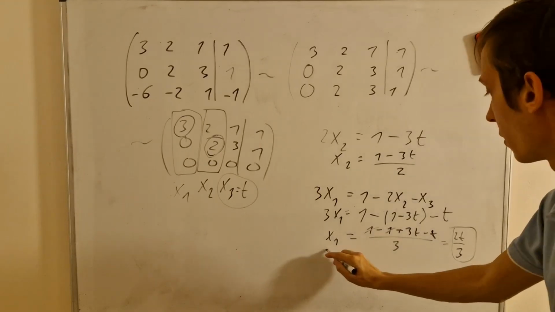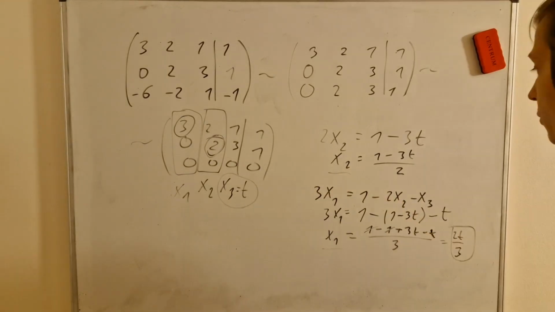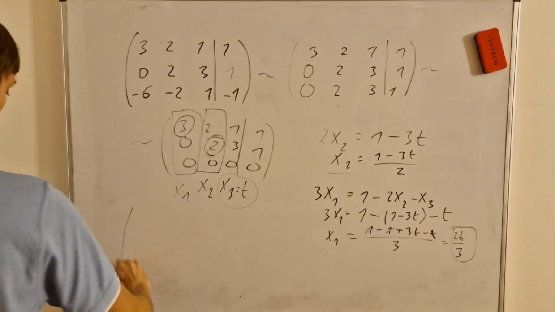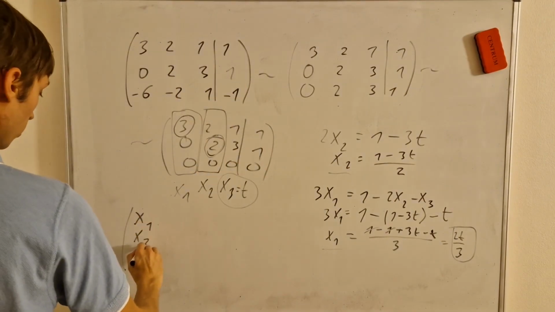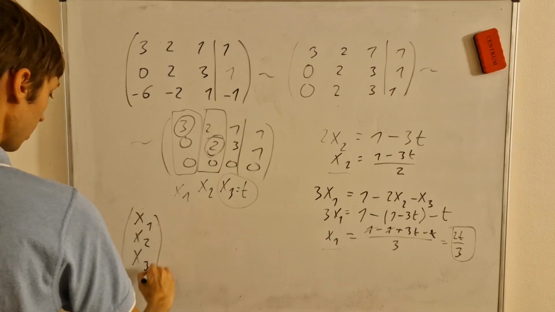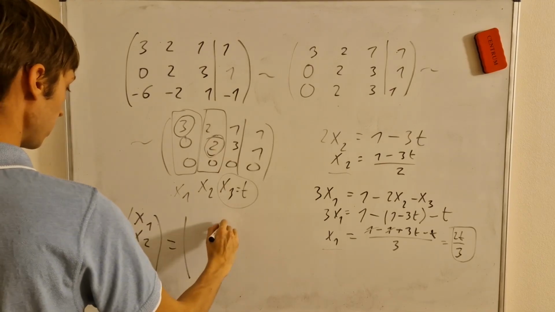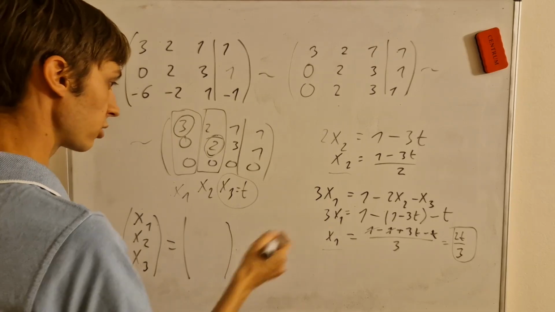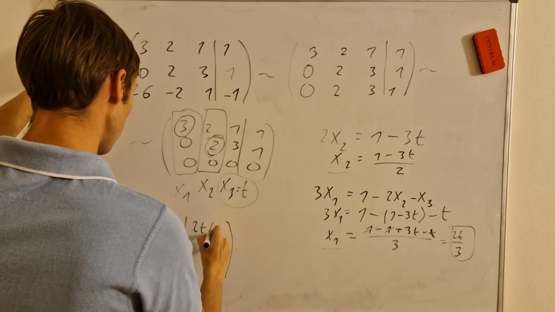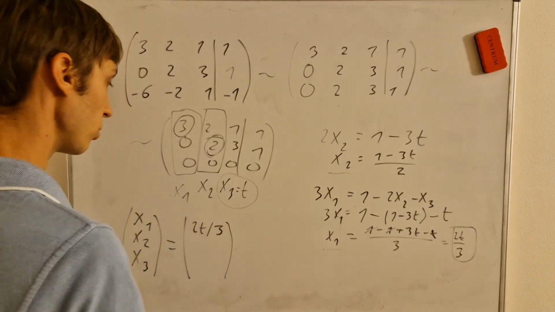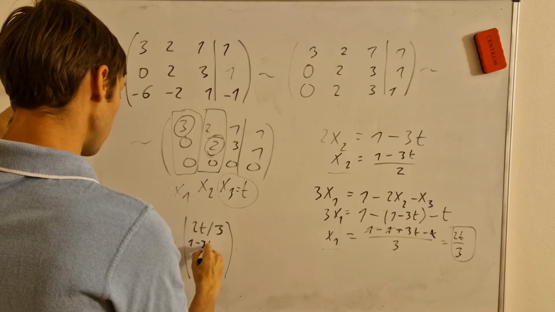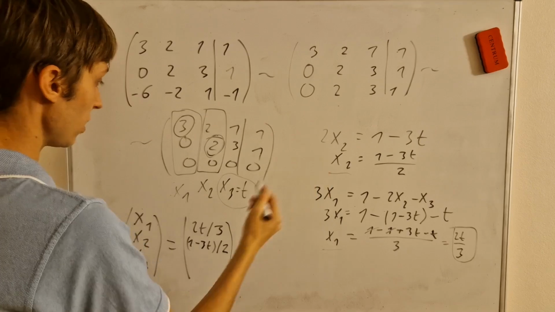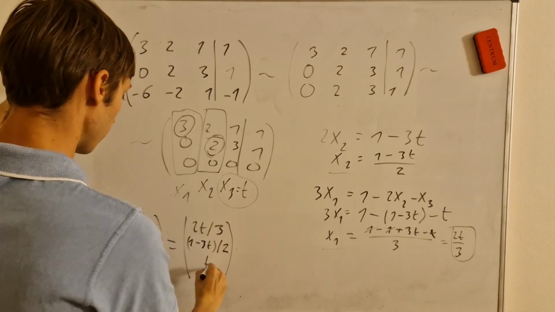And so now we got the value for x1, we got the value for x2, and x3 is t itself. So if we want to say what x1, x2, x3 is as a general solution to this system, it will be this 3 entry vector, where x1 is 2t over 3, x2 is 1 minus 3t over 2, and x3 is directly that t.